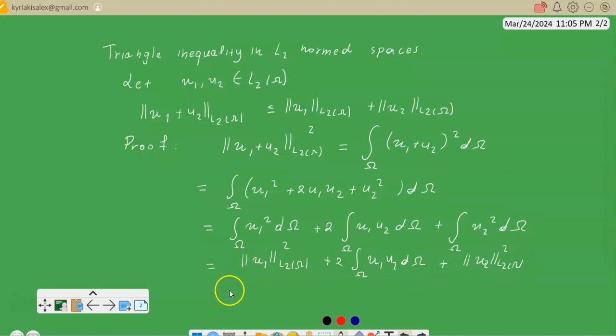We can bound this bit here. So this term can be bounded using Cauchy-Schwarz inequality. So we can bound this term here. So it's the norm of U1 in L2 times the norm of U2 in L2, plus the last term here, which is the norm of U2 in L2 squared.